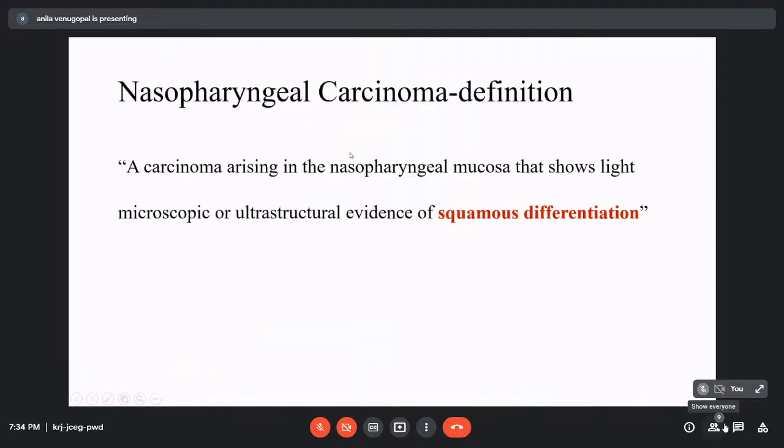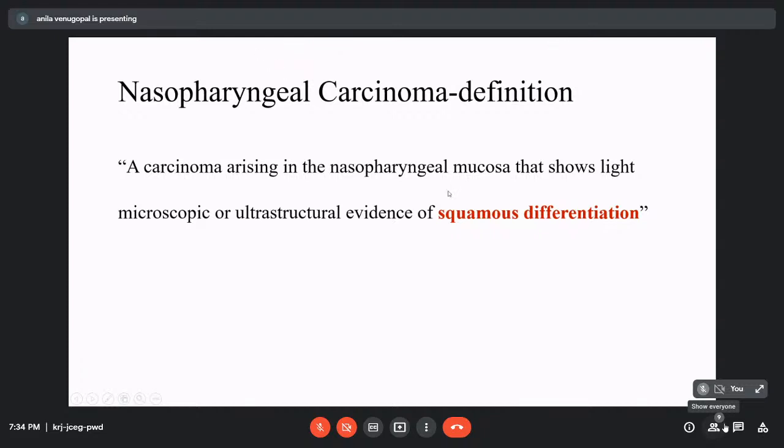So by definition, the WHO defines nasopharyngeal carcinoma as a carcinoma arising in the nasopharyngeal mucosa that shows light microscopic or ultrastructural evidence of squamous differentiation.